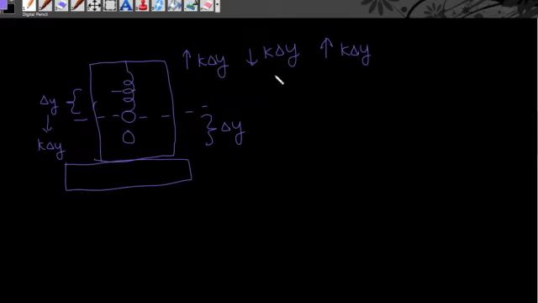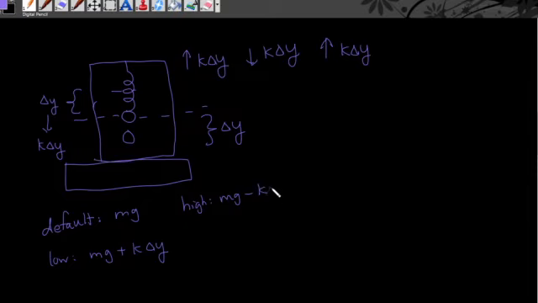Okay, so the normal force, we're going to split this up. When the spring is at its default position, the normal force on the scale would just be mg. When the spring is at its lowest position, it would be mg plus k delta y. And when it's at its highest position, it would be mg minus k delta y.